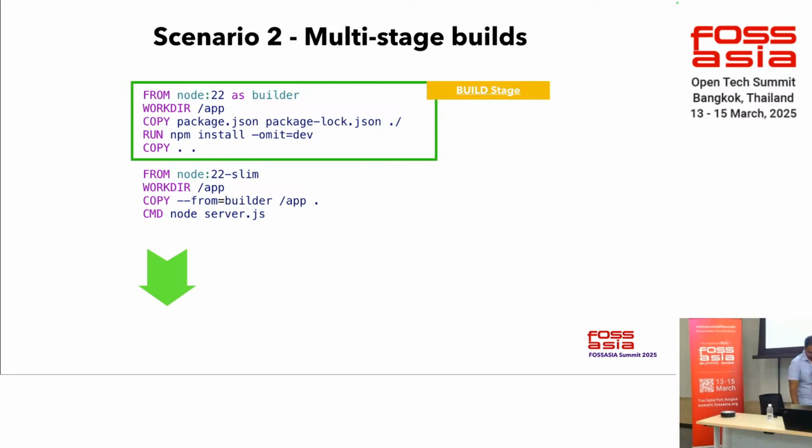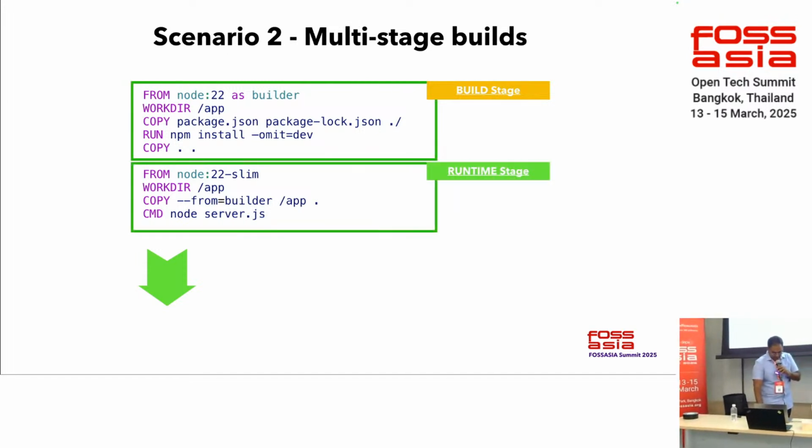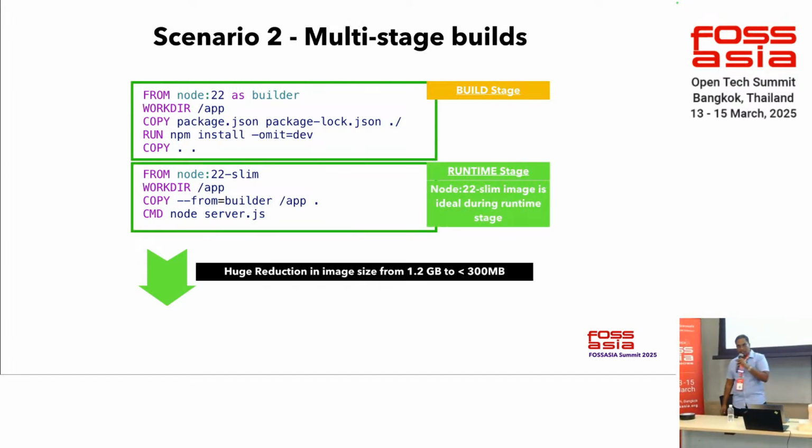So what you see is a huge reduction in the image size. The size is reduced from 1.2 GB to less than 300 MB. I have a question for you guys, something you can think about: what is causing the change here? Why is it reducing to 300 MB? Yeah, absolutely.